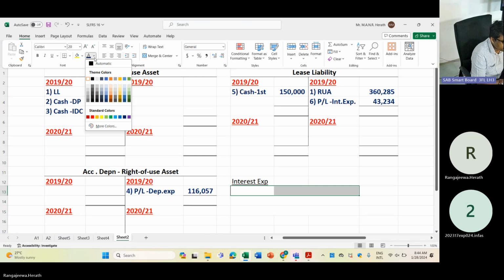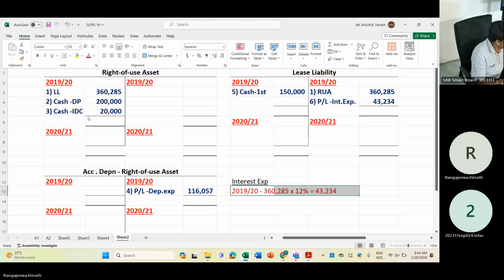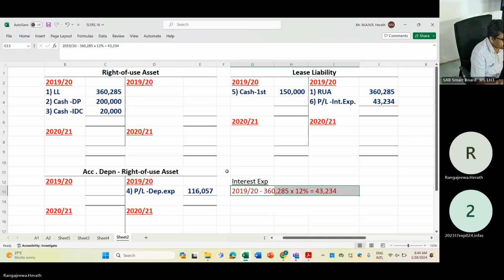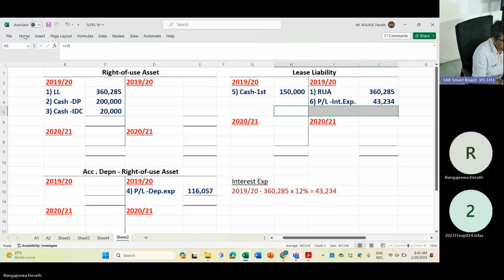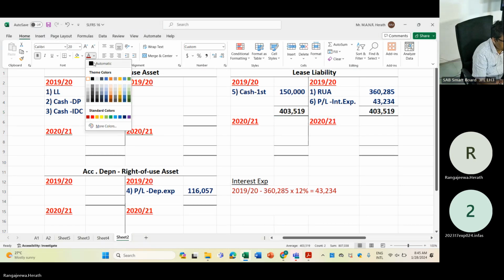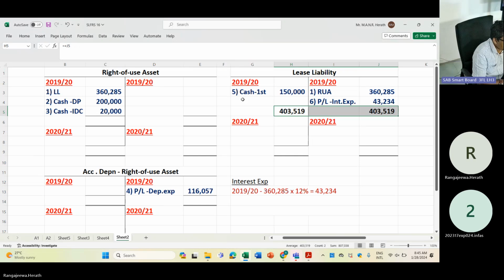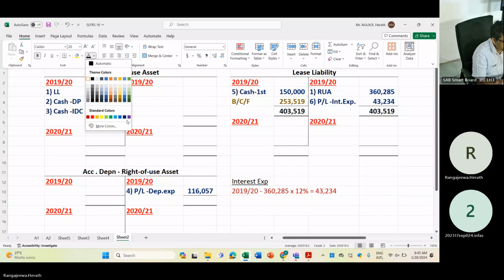So we can have the calculation of interest expense, 43,234, and that amount is transferred to P&L. So in the lease liability account for the first year we can have the carried forward balance of 253,519.